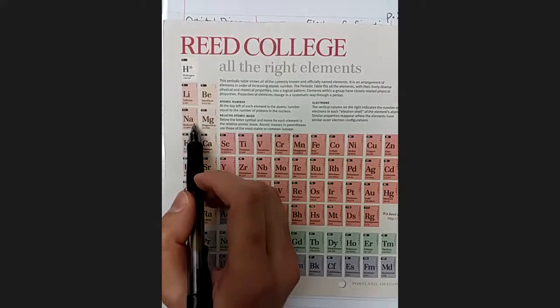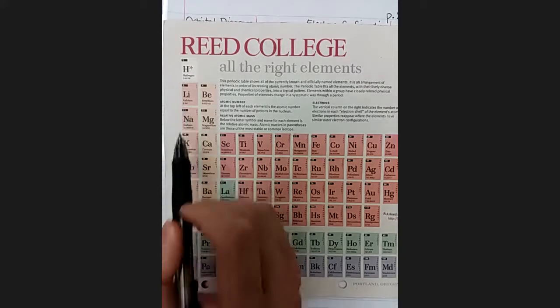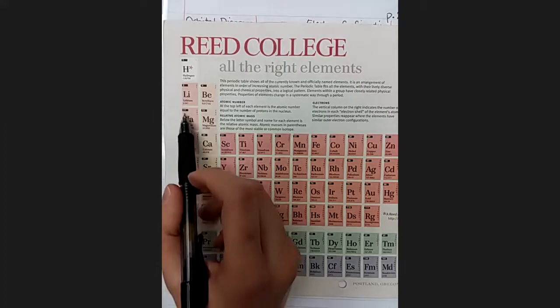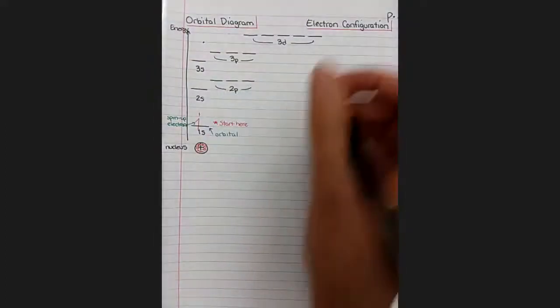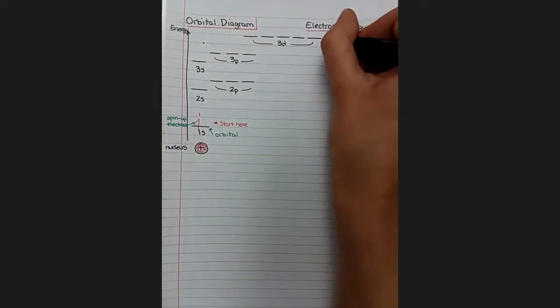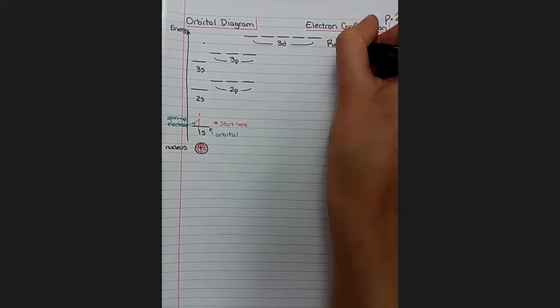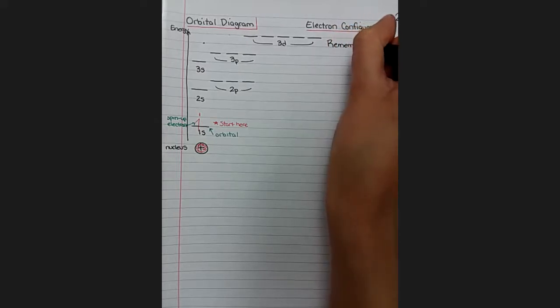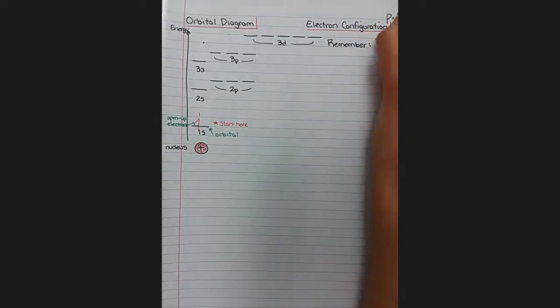We also said that most of the time, these atoms are neutral. That means they have the same number of positive and negative charges, meaning that the number of protons is equal to the number of electrons. So let's add that in here to make sure we remember that. We are remembering from last week.